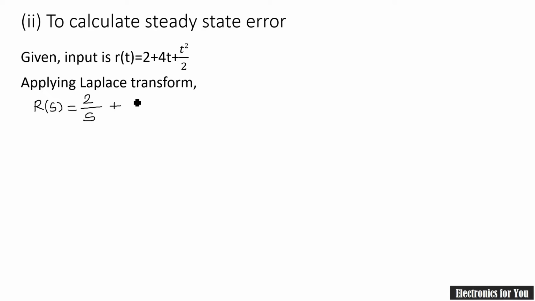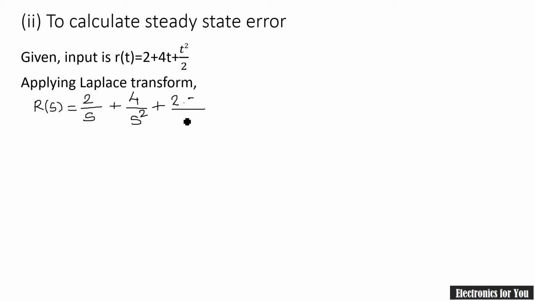For 4t, 4 remains as it is and for t the Laplace transform is 1 upon s square, so we get 4 upon s square here. For the last term, t square by 2, we get 2 into 1 upon s cube.